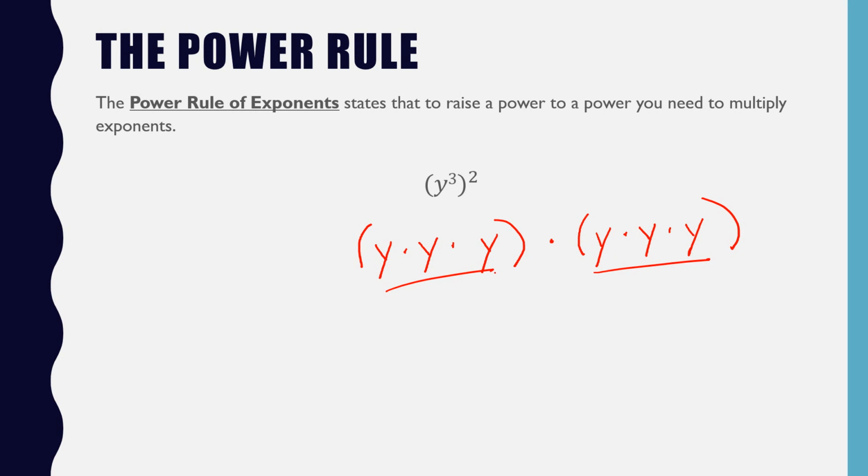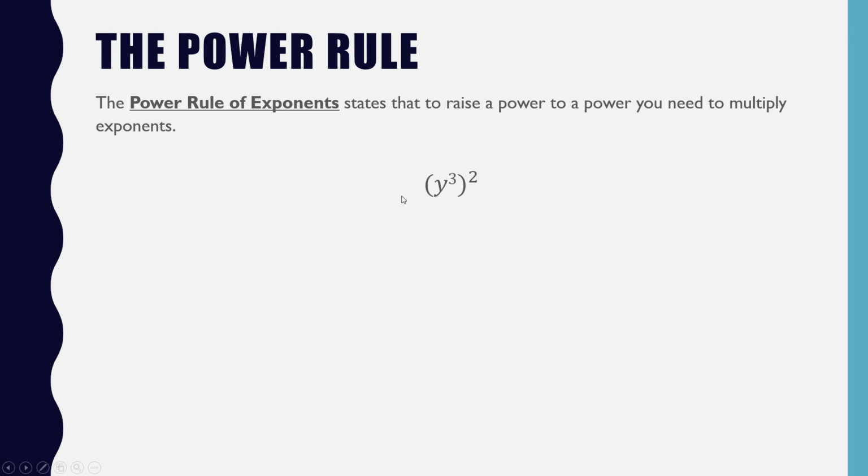Now, when you add all those y's up together, you get y to the sixth, which is why the power rule states that you have to multiply them, because 3 times 2 is 6. When you expand this out and stretch it out, you see that you have 6 y's instead of 5 y's. So that's how the product rule and the power rule are different. They're different in the ways that you combine those y's and put them into groups. So like we just said, this would simply be multiplying the exponents, and you get y to the sixth.